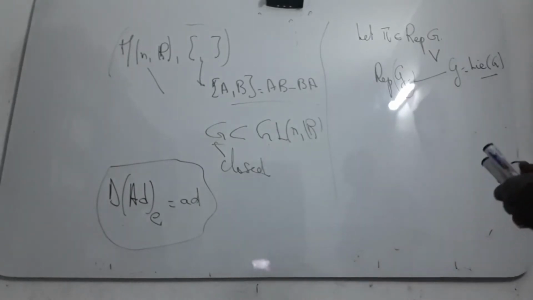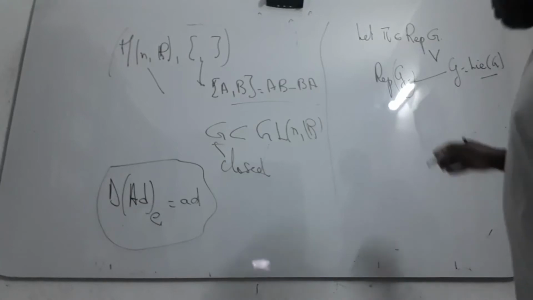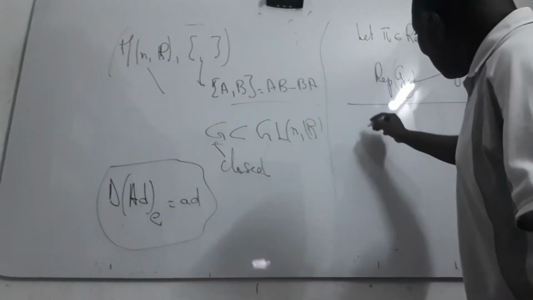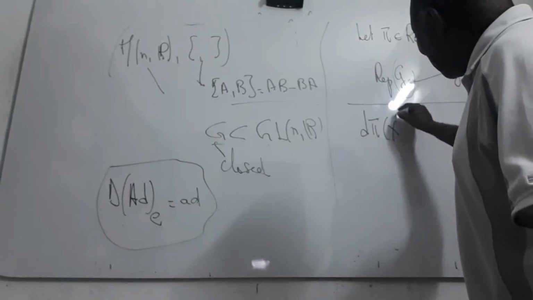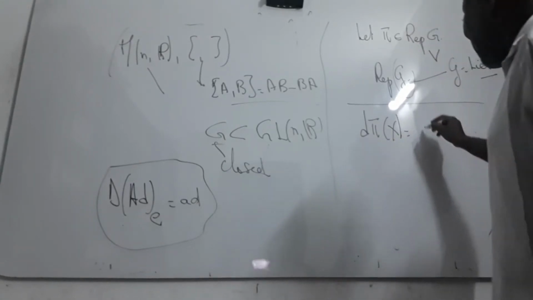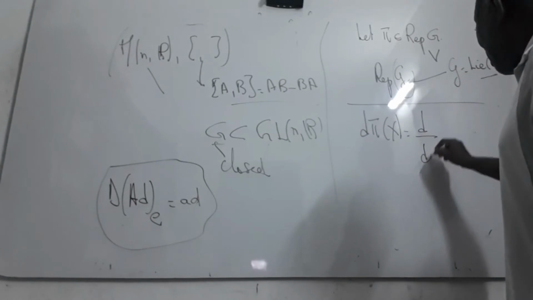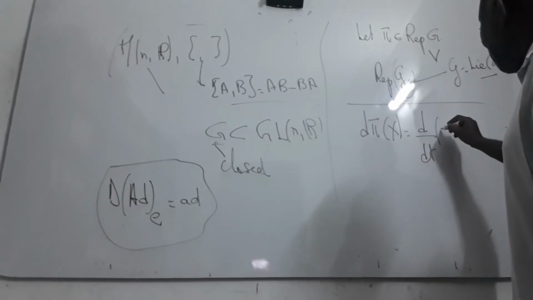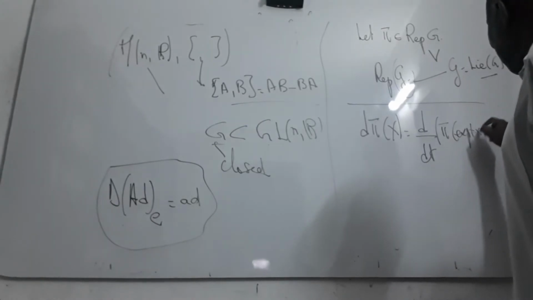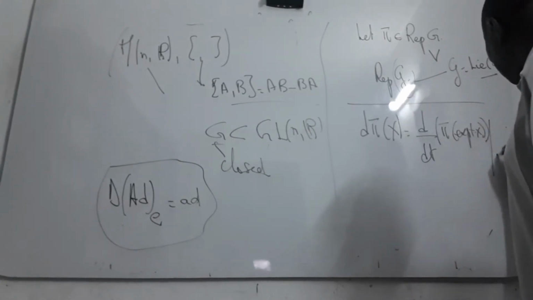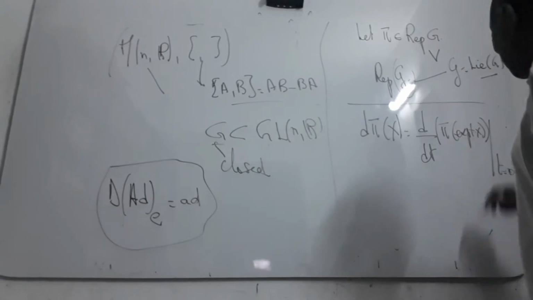How can I define this? We have this kind of relation: d pi of x is exactly the derivative of this one-parameter subgroup, pi of the exponential of tx, when t tends to 0.